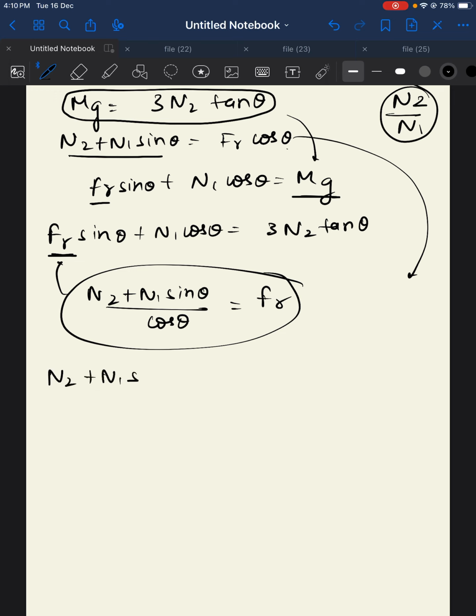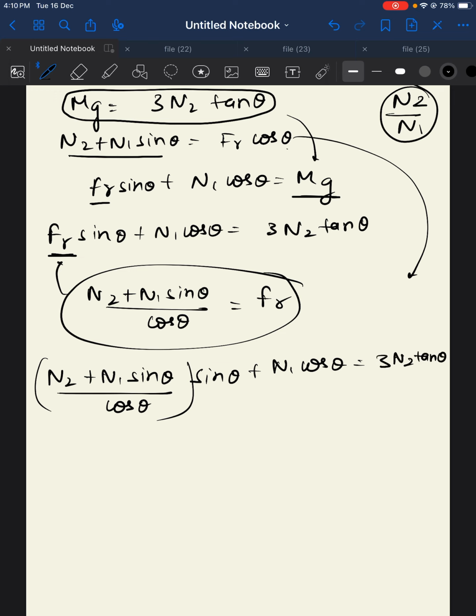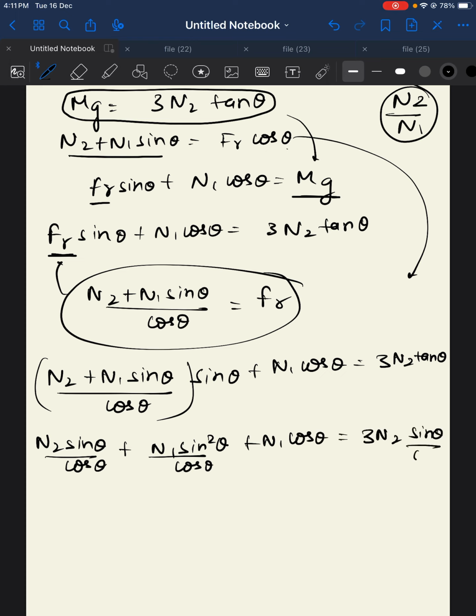N2 plus N1 sine theta divided by cos theta into sine theta plus N1 cos theta equals to 3N2 tangent theta, right? Now everything is in terms of N1, N2, sine theta and cos theta. What we can do is we can resolve it. So let's do the same. N2 sine theta upon cos theta plus N1 sine square theta upon cos theta plus N1 cos theta equals to 3N2 sine theta upon cos theta.